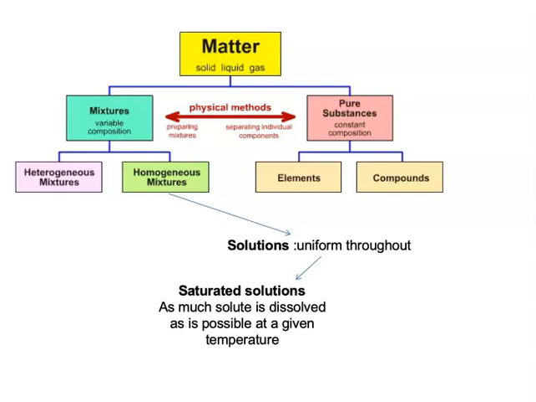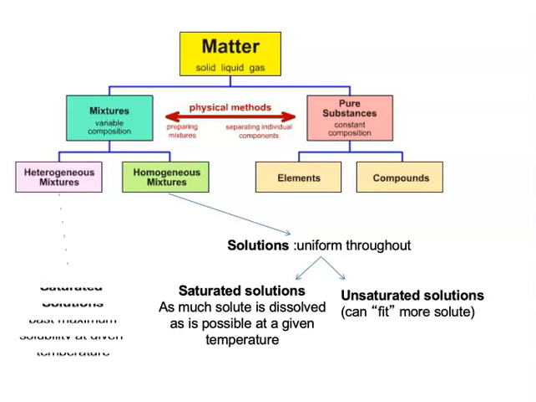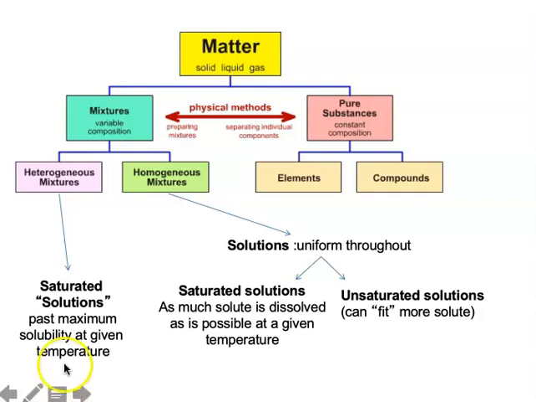And every homogeneous mixture has this idea of being able to saturate it. Turns out there's another thing called an unsaturated solution where you just can fit more solute. And then there are supersaturated solutions that we're not going to talk a whole bunch about, even though they give rise to some really cool demos that we could have done in class.